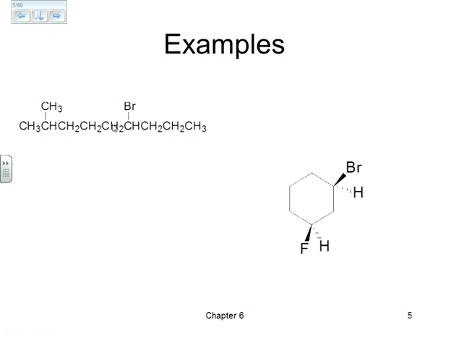But let's look at this one. What is the longest chain here? 1, 2, 3, 4, 5, 6, 7, 8, 9. Yeah, 9. What are our 2 branches? Methyl and bromo. And what carbon is the methyl on? And this is on 6.